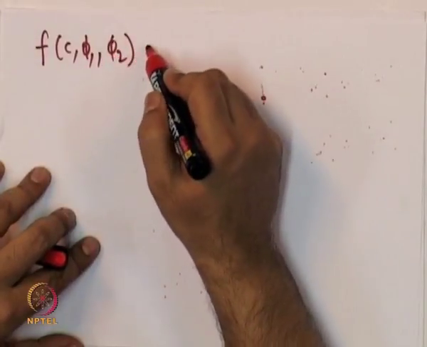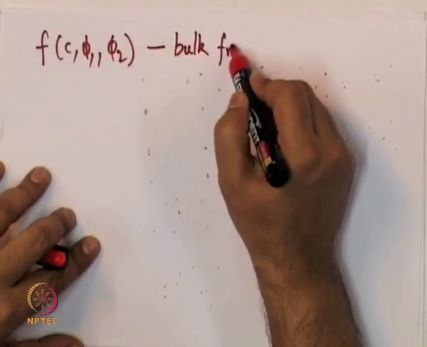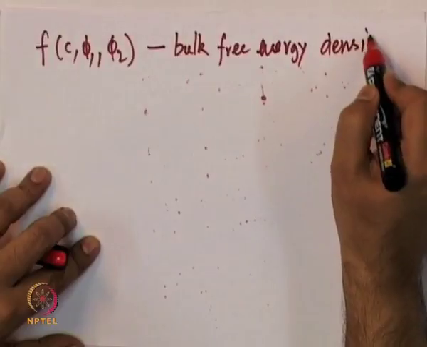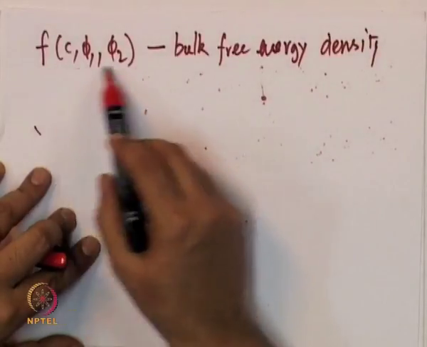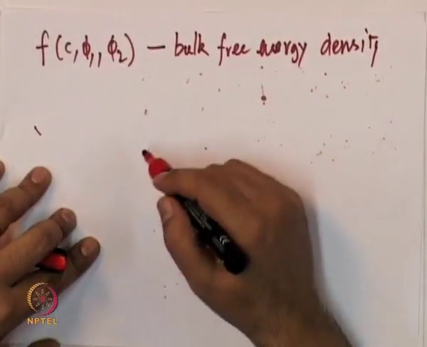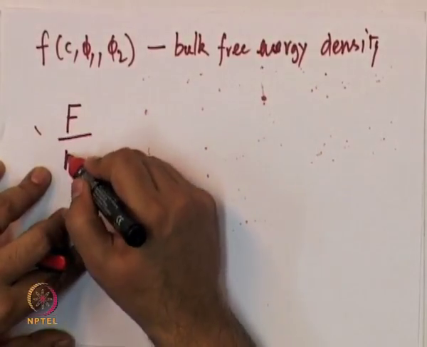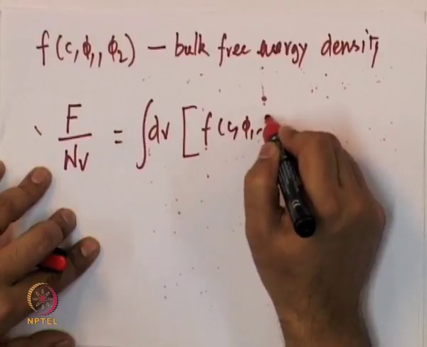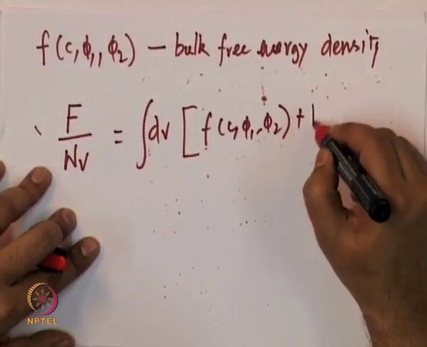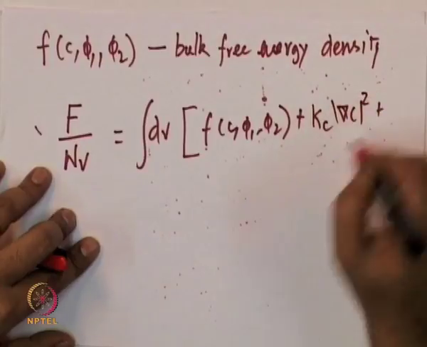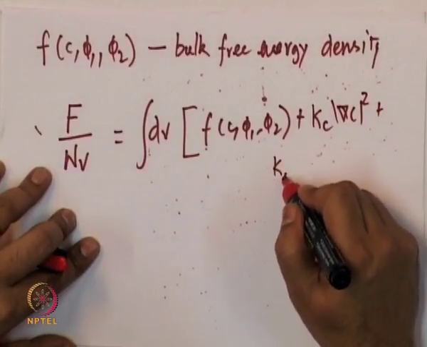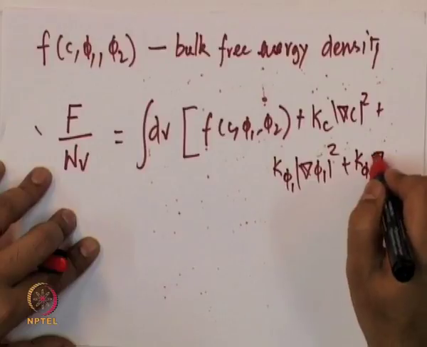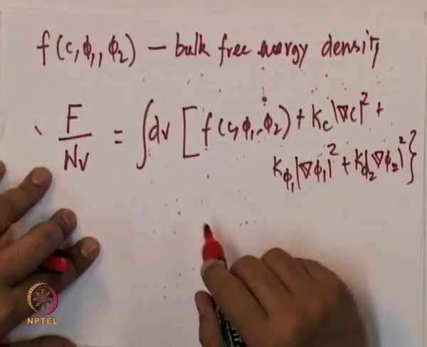So, we have this part which is the bulk free energy density, and we need to give this F in such a way that it will obey all these conditions, and the total free energy will be actually an integral over volume of F of C comma phi 1 comma phi 2 plus K_C (del C)^2 plus K_phi1 (del phi 1)^2 plus K_phi2 (del phi 2)^2, right.